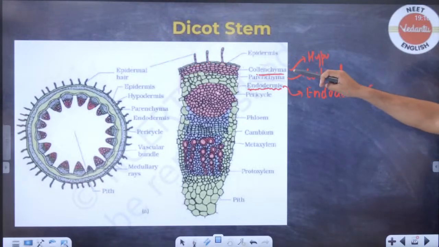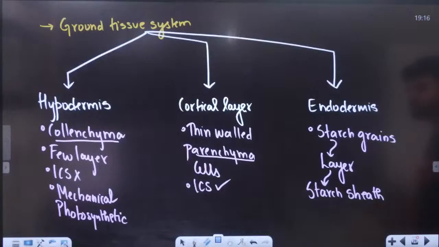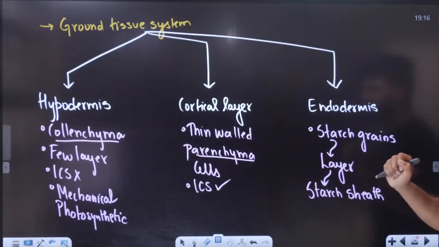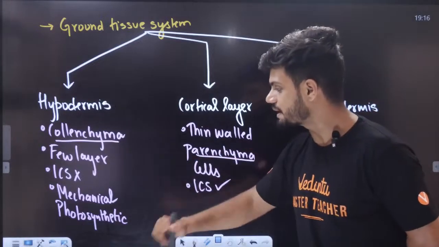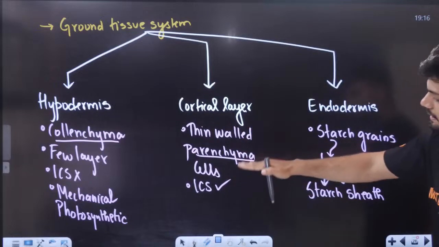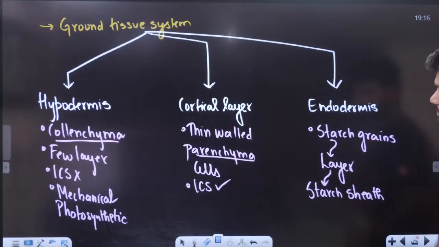Then we learned about the ground tissue system, mainly divided into three parts: hypodermis, cortical layer, and endodermis. Hypodermis is collenchyma, a few layers, no intercellular space, giving mechanical strength. Then the cortical layer is parenchyma, with intercellular space present.